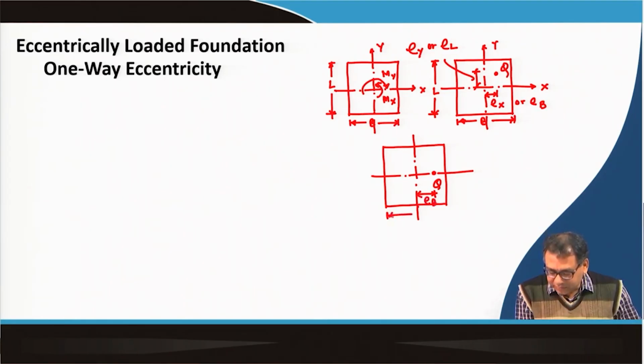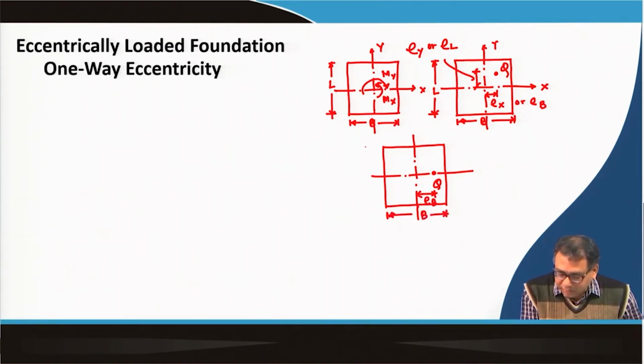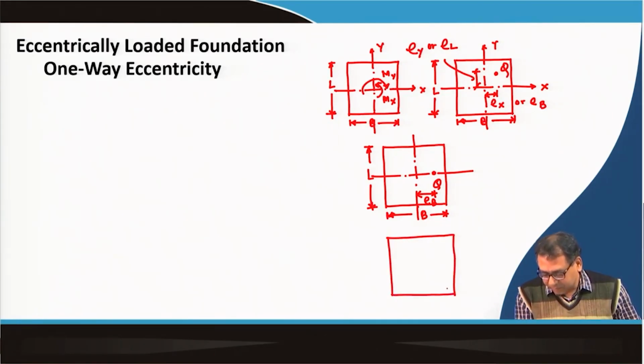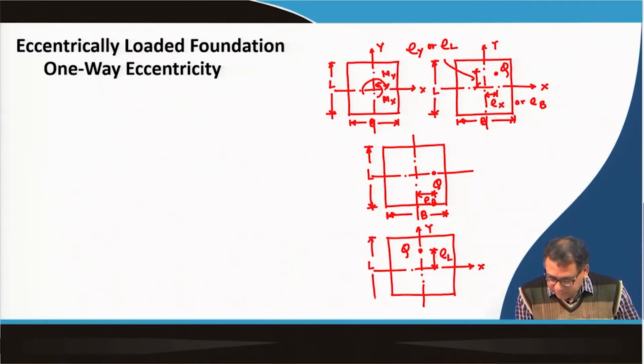This is my width or x direction and this is length or y direction, or there may be a possibility that it can be like this also. This is x, this is y. So, loading is acting here with an eccentricity E L, and this is the length direction and this one is the width direction.